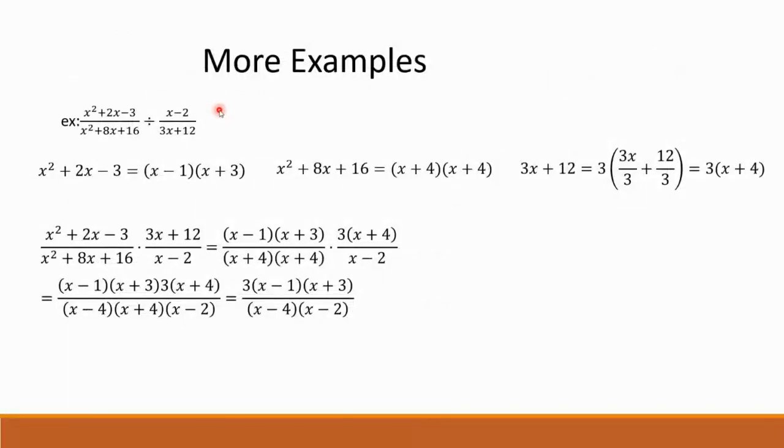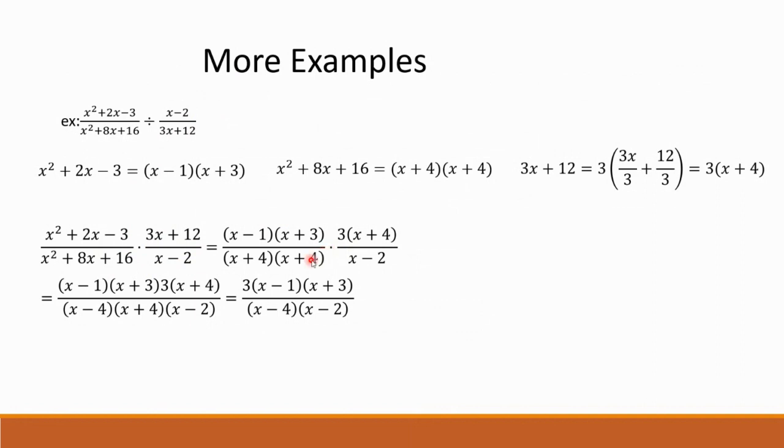So for this one, same idea. We're dividing, so what you would do is take the reciprocal of the second, and then you're just going to multiply. Now, what I did here was I kind of combined two steps. I factored top and bottom of each one, then I multiplied, before I actually multiplied them.